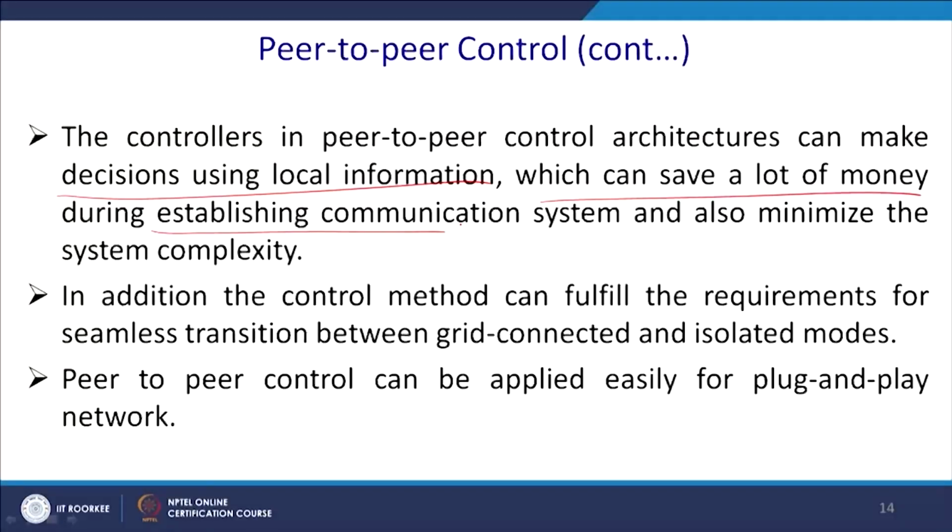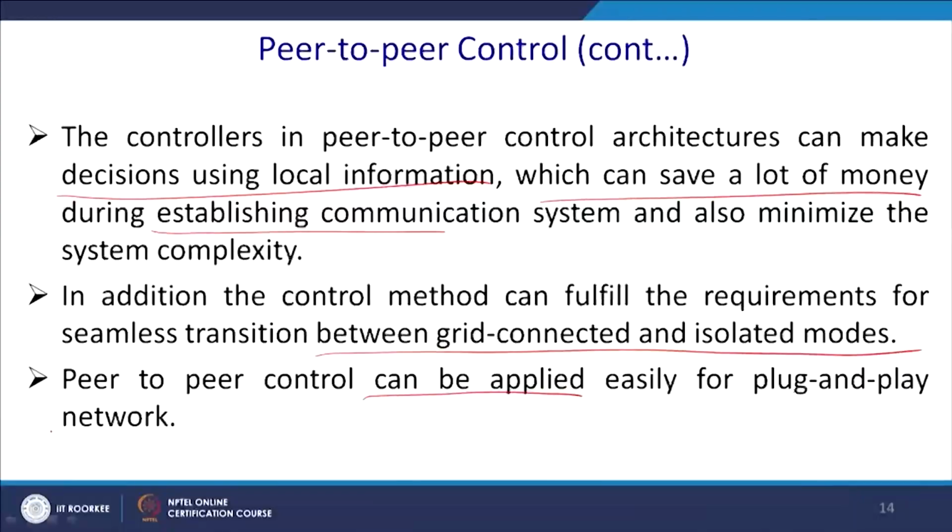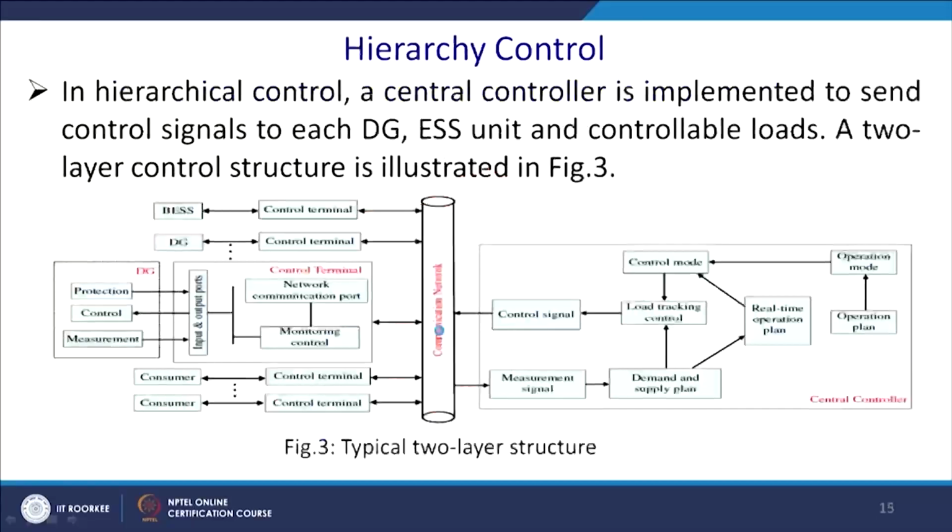In addition, the control method can fulfill the requirement for simplest transitions between grid connected and the isolated mode, and thus changeover is quite faster and easier. For this reason, we say that peer-to-peer control can be applied easily for any plug and play network. That is one of the major advantages of peer-to-peer network.